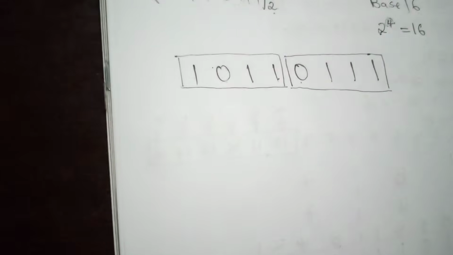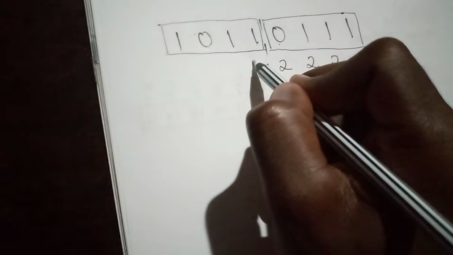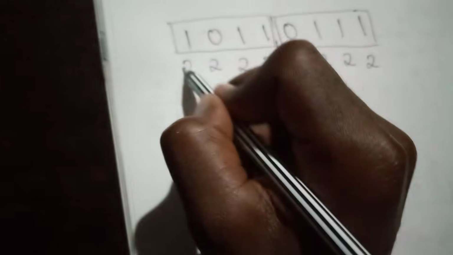So what you're going to do is this. I'm going to put base 2 there, base 2 there, base 2 there, base 2 there. Let me just separate it like that. And also this side, 2, 2, 2, 2.